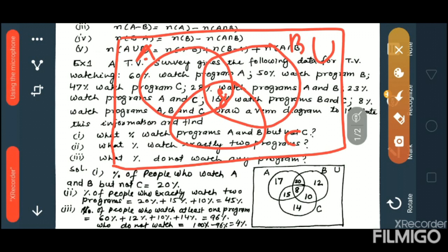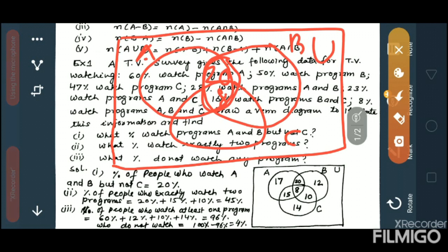Okay. Now we take how many watch common programs, meaning 2 at a time. 28% watch programs A and B. It means this part. So already 8 is taken in this. That means this will be 20, because together it will count for 28.